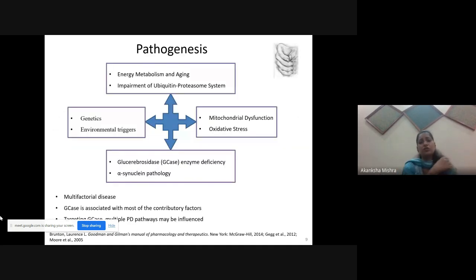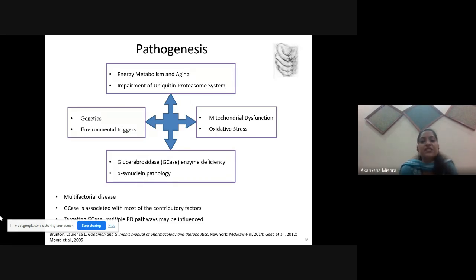So we will also talk a little bit about the pathogenesis of Parkinson's disease. What is the pathogenesis? Means the etiology. Etiology means the reasons which are involved. So the complete etiology is still under research, because Parkinson's disease is a sporadic disease, means the exact cause is still unknown.